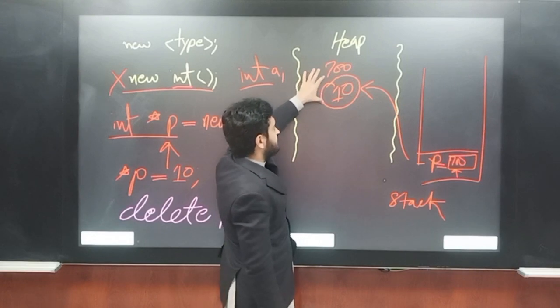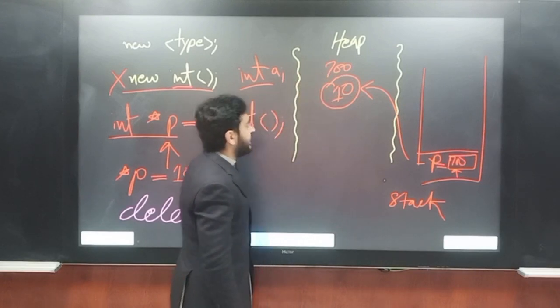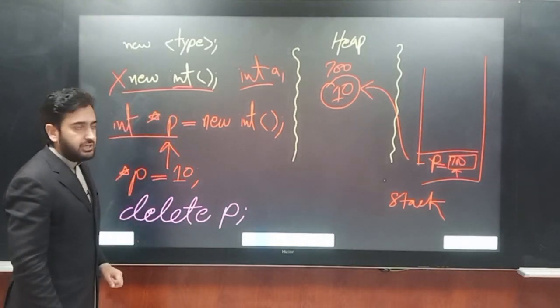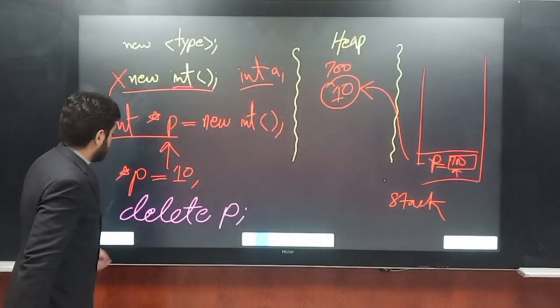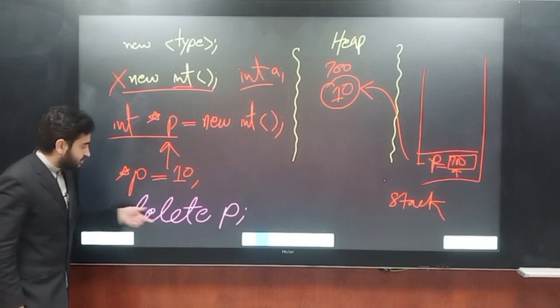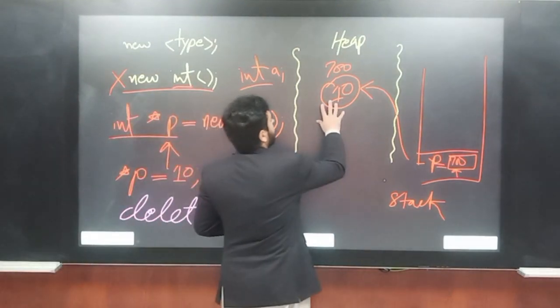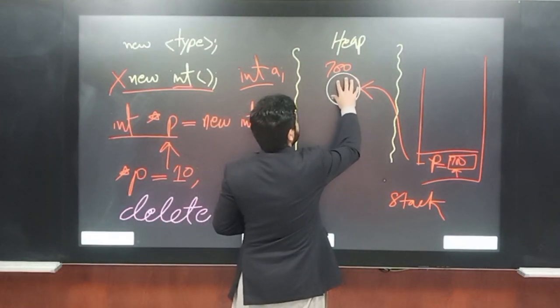So 700 is pointing to this location, and this location has an object of type integer. So that object can be deleted using delete P. It means that we are deleting this object now.